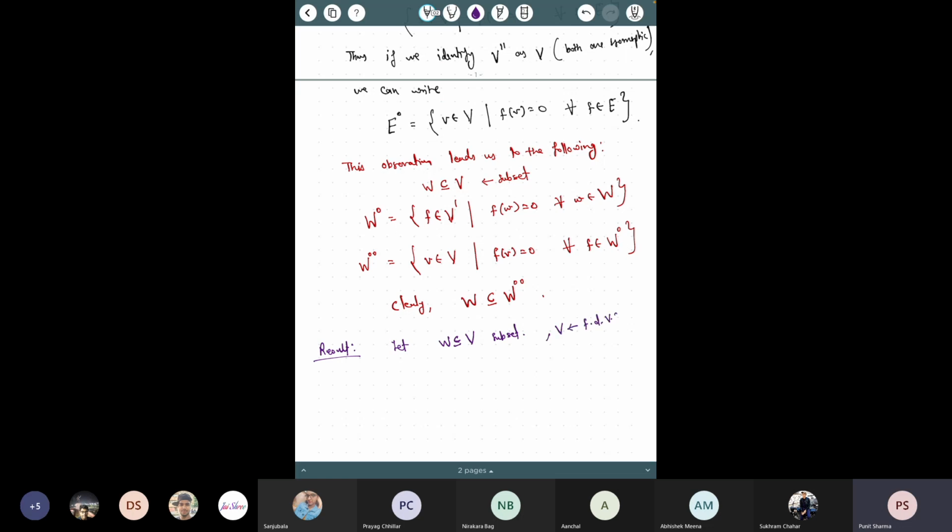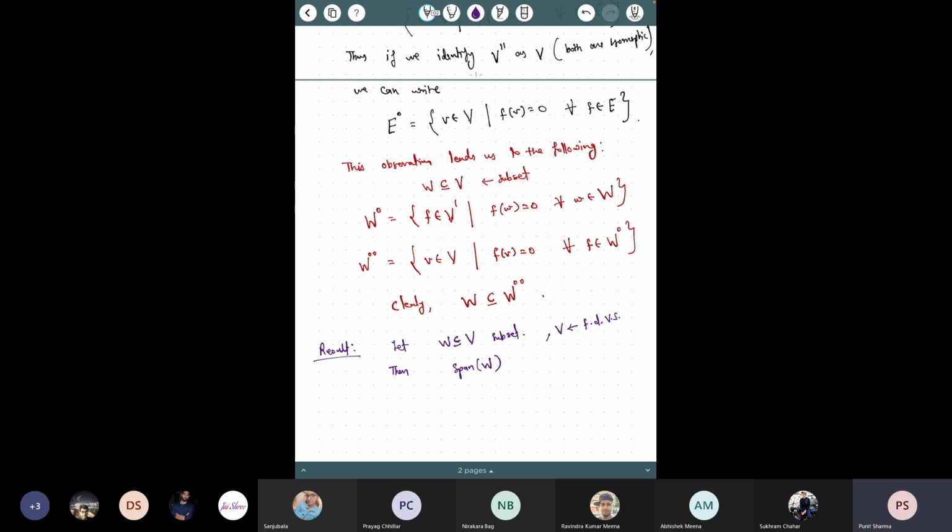So V is a finite dimension vector space and W is a subset of V. Then the span of W... because W double annihilator is always a subspace, that you can verify, because we have seen that whether W is a subspace or not, its annihilator is always a subspace.